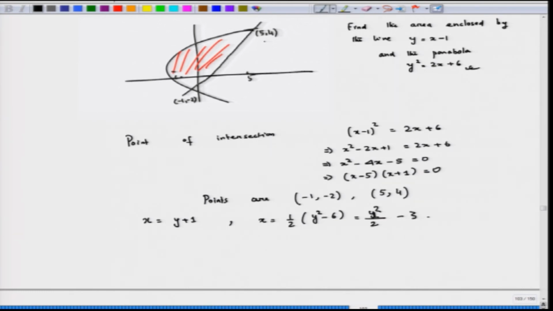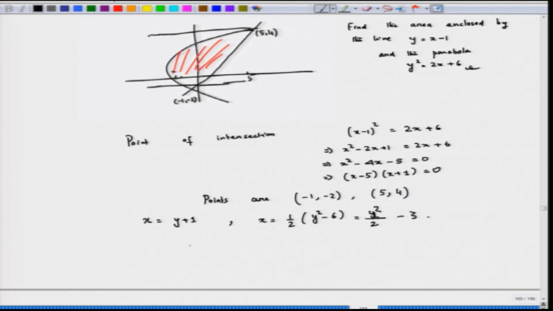So, this is again a parabola and this is a straight line. Now, if I am taking the region in terms of y, our y is going to vary from minus 2 to 4.